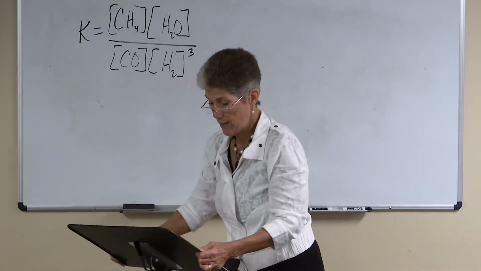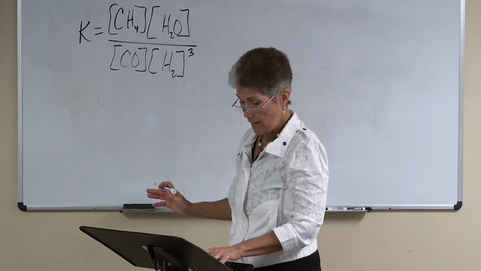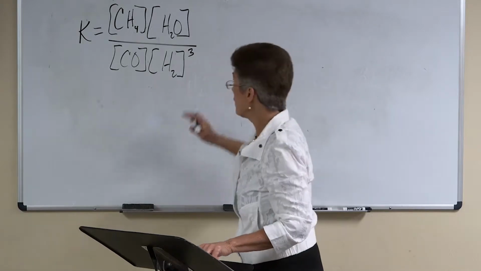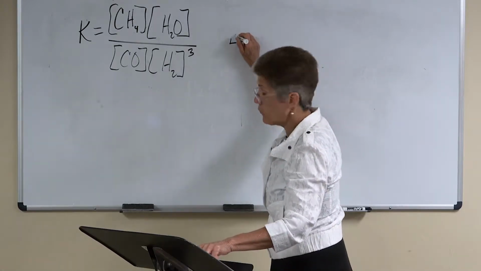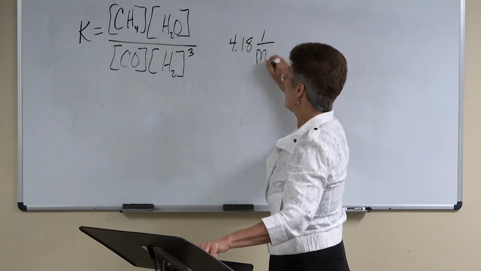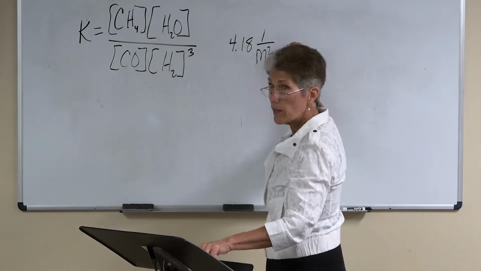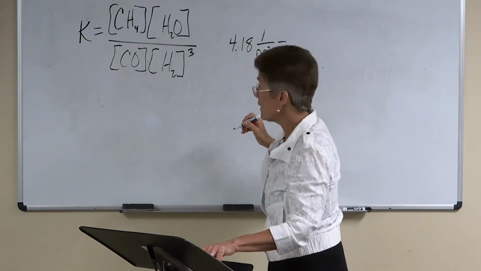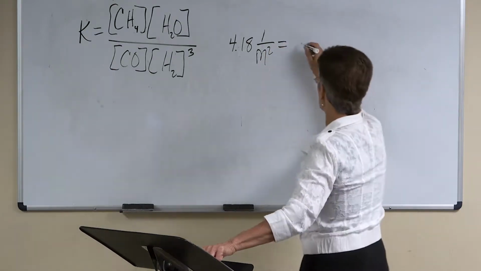Okay, so now we've written our equation out, and we know a lot of this information. We know that K equals 4.18, 1 over molar squared, and we also can plug in the numbers that we're given.